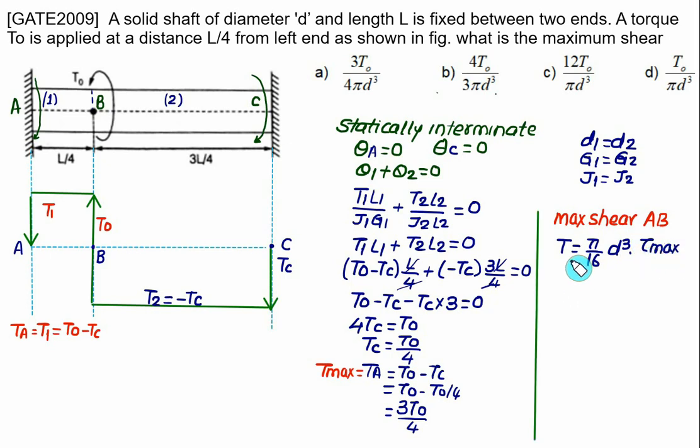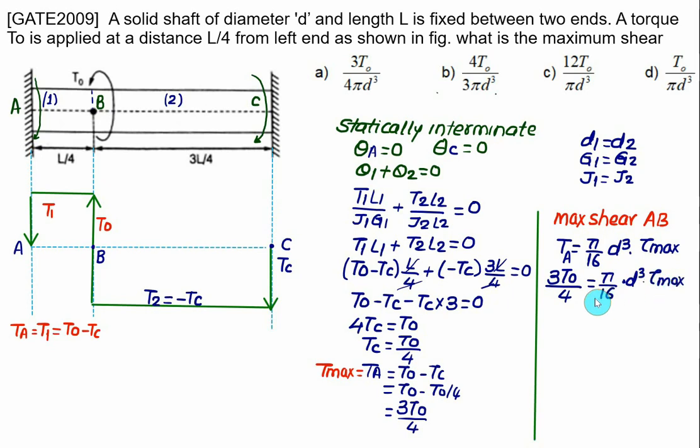We take this value as the TA value or T1 value, which is one and the same. So 3 times T0 divided by 4 is equal to pi divided by 16 multiplied by d cube multiplied by tau max.